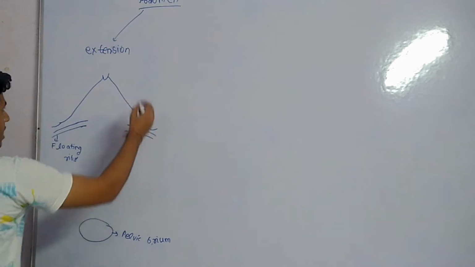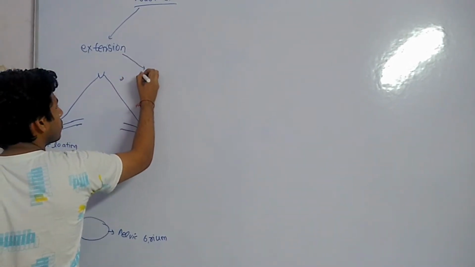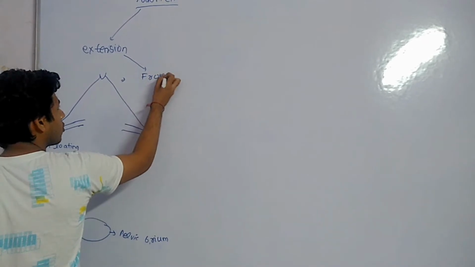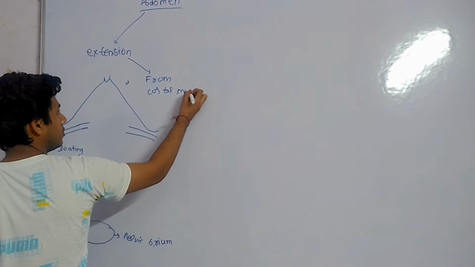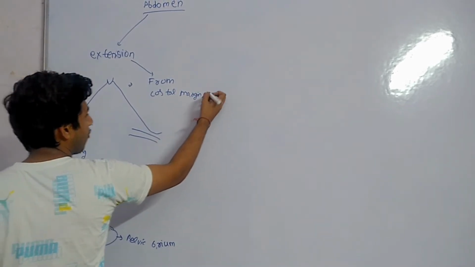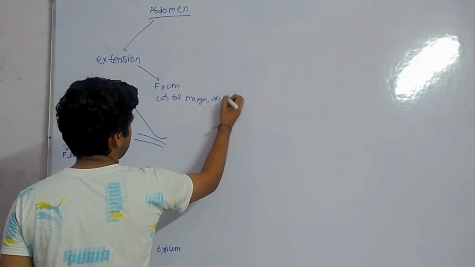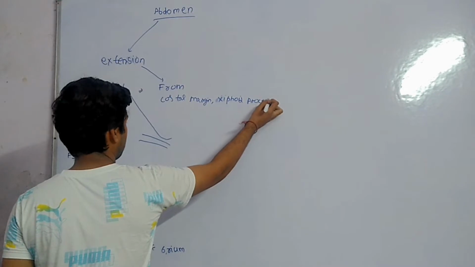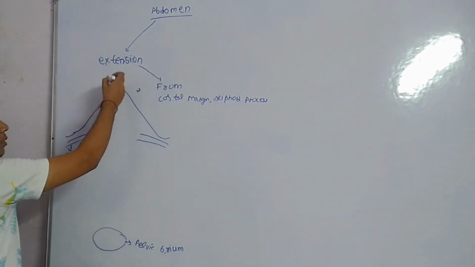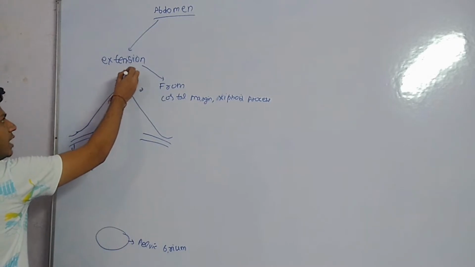So these are the extension. Extend from costal margin, xiphoid process, just behind the xiphoid process. We know there is a vertebra called T9 vertebra.